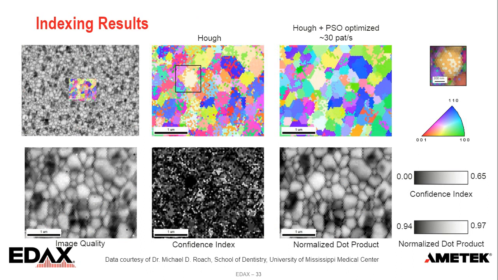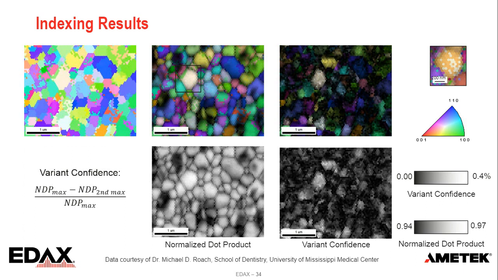And there is still some noise from the pseudosymmetry, but if you look at the difference between the best dot product and the next best dot product for the second best variant, and build a metric using that, then you at least know where you're able to clearly resolve the variant. So on the top here is colored by orientation plus normalized dot product, and then the next column is orientation plus this variant confidence measure.